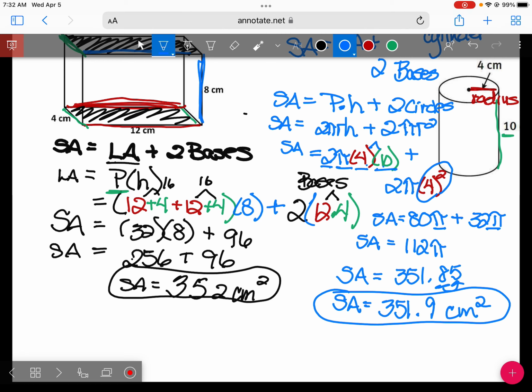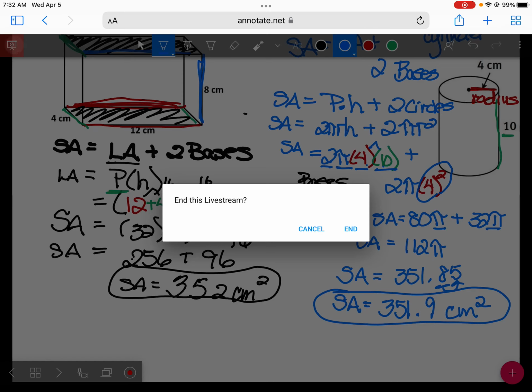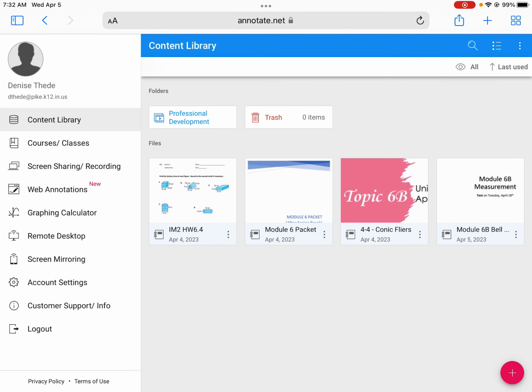All right, so let's turn now in your packets to page 13. Now we're going to talk about surface area of some other kinds of figures that are not prisms. Page 13, I believe, yes.